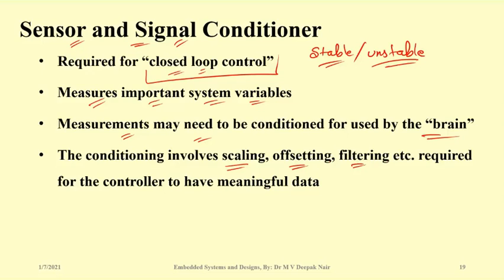Filtering, in electronics, is more related to frequencies: allowing some frequencies to pass, or blocking some frequencies from entering the system. So scaling is amplification, offsetting means plus or minus some DC voltage, and filtering means allowing some frequencies or blocking others.